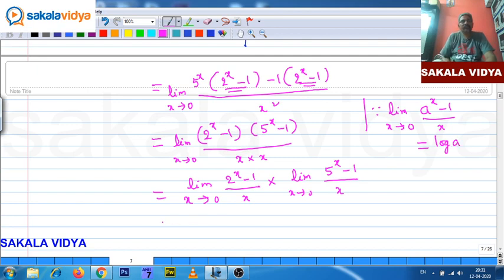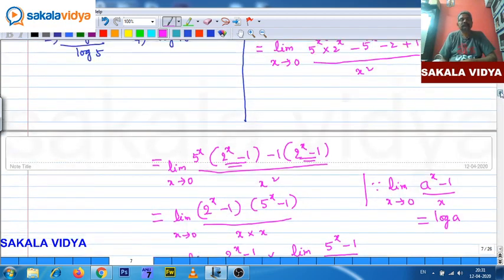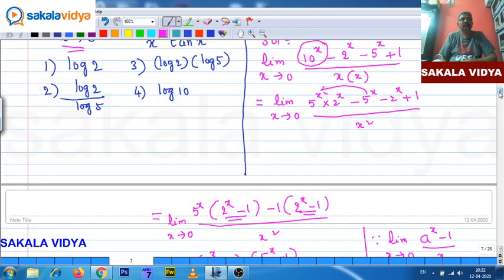So, that means this is log 2 multiplied by this is log 5. So, this is our answer, right. So, third option is the right option.